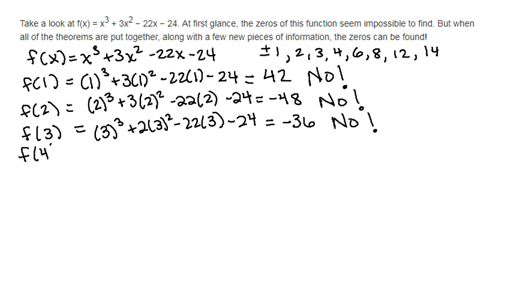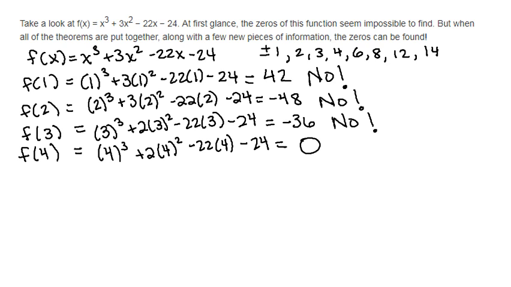So we'll try 4: 4 cubed plus 3 times 4 squared minus 22 times 4 minus 24. I'll actually tell you this one is 64 plus 48 minus 88 minus 24, which comes out to 0.